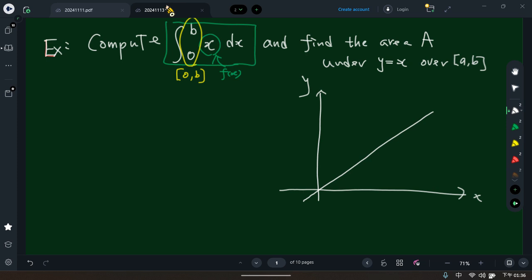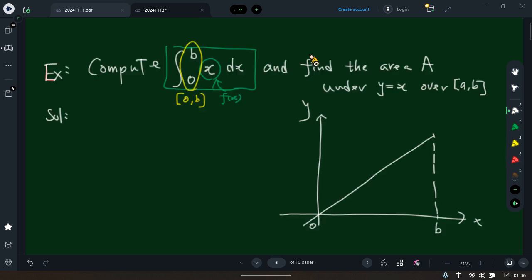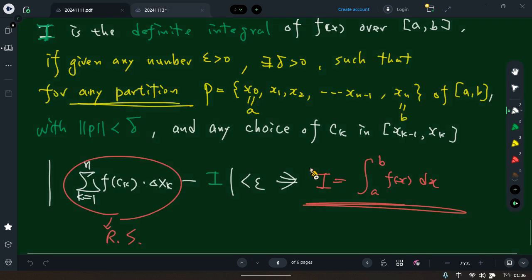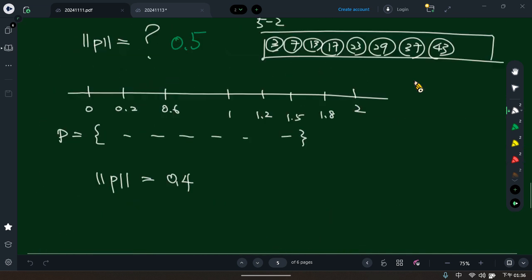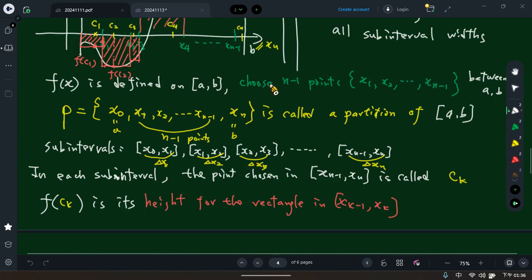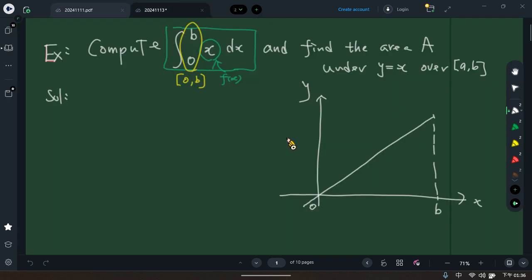Actually, we are trying to get its definite integral from 0 to b based on this function y equal to x, right? So we can try to solve it by using the idea about Riemann sum.